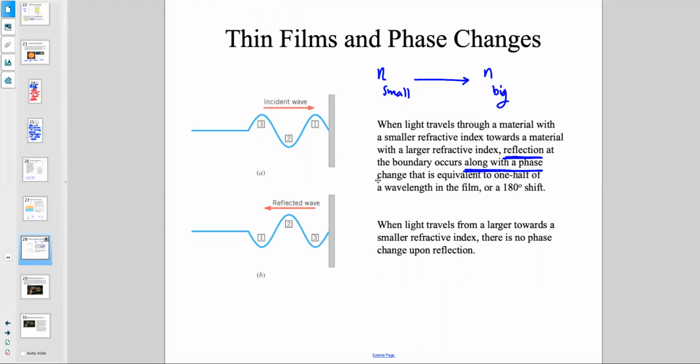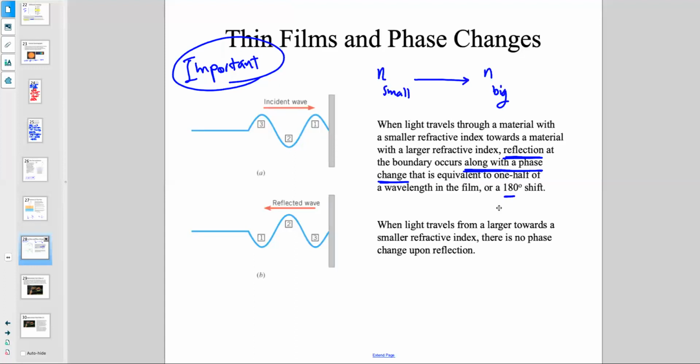This is very, very important. It is a phase change equivalent to 1/2 of the wavelength, or 180 degrees.